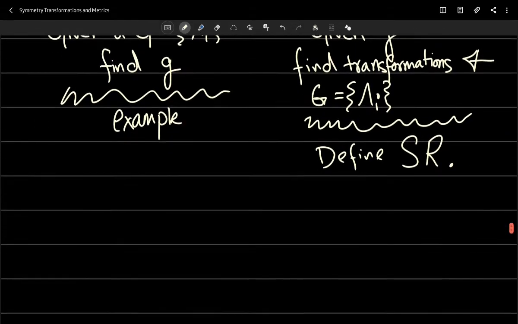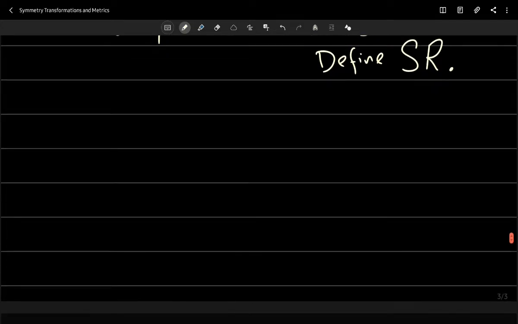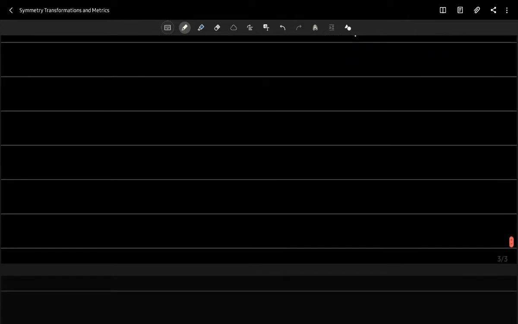Okay, so moving forward, let's go ahead and quickly look at rotations in 3D.